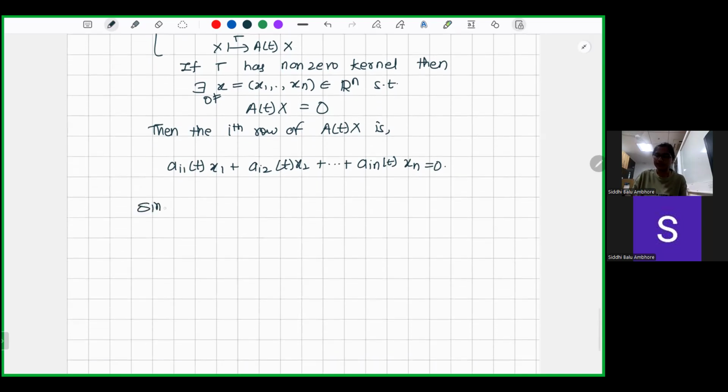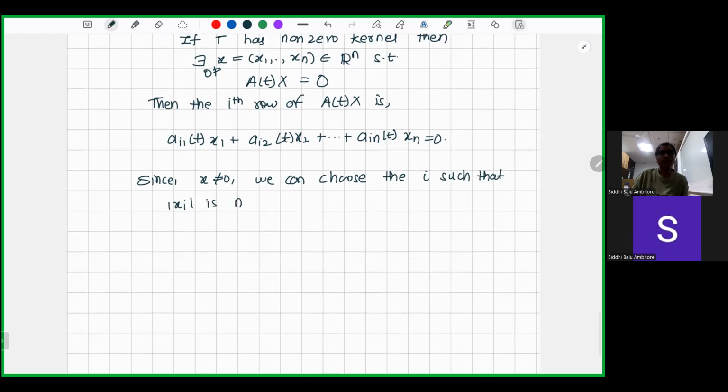And since x is non-zero, we can choose the i such that mod x_i is largest among all the entries of x, that is, mod x_i is the maximum over j of mod x_j, and this will be strictly greater than 0.